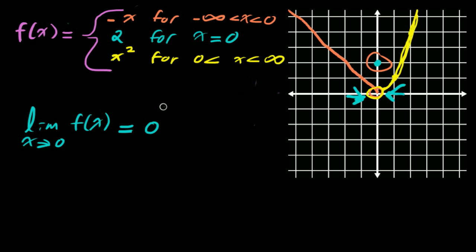But these are pretty good tools for helping you get your head around what the concept of a limit is actually asking for. We don't care at all what the value of the function actually is. The value of this function at x equal to 0 is 2. All we care about is what it approaches. And it doesn't approach 2, it approaches 0.